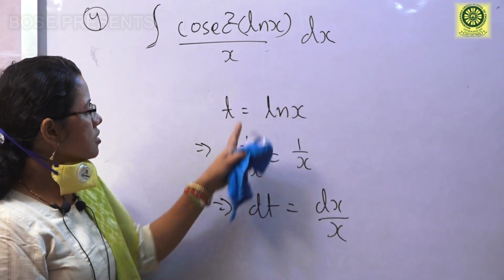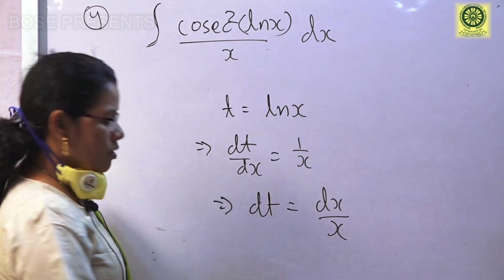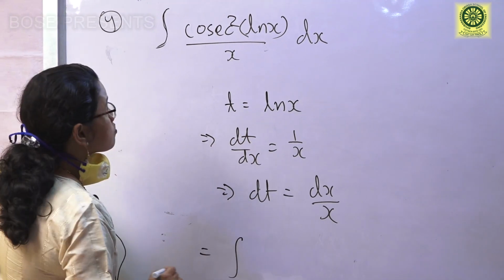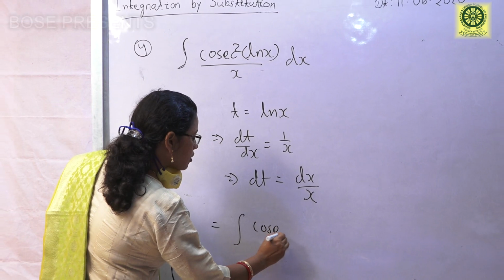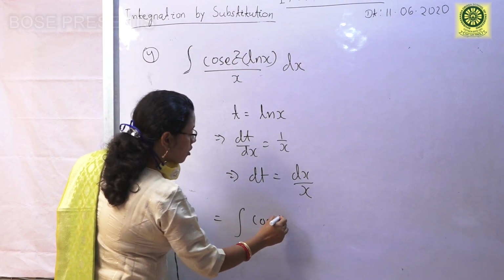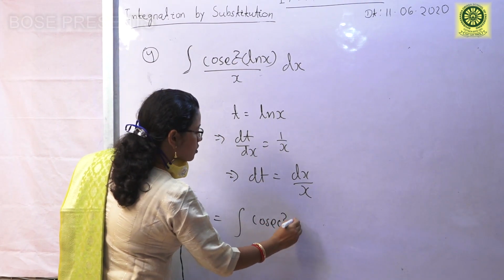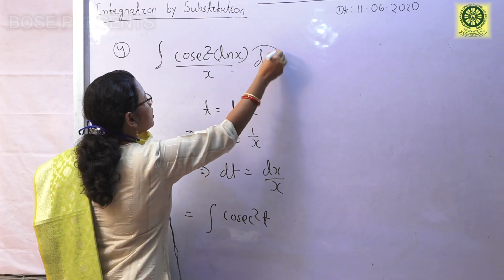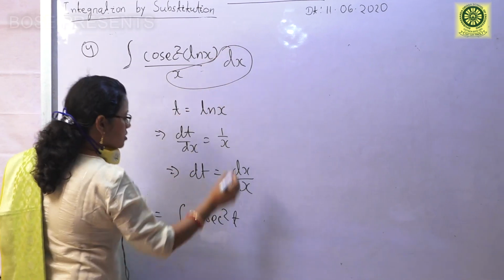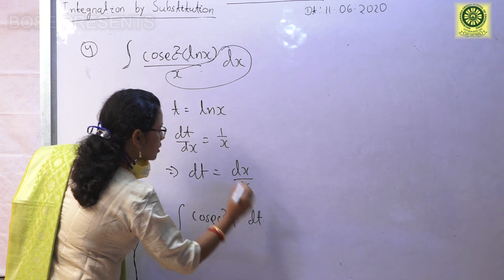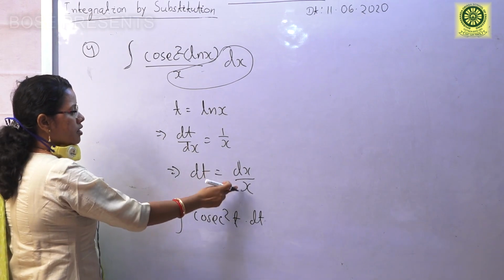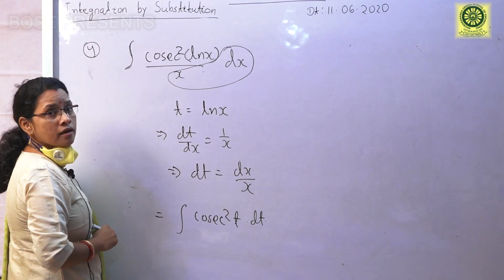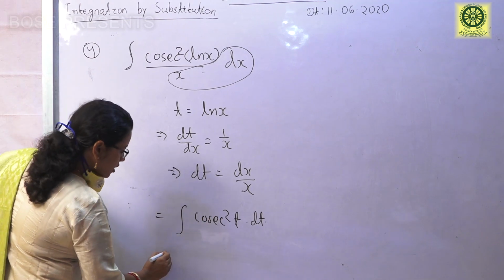Okay. By using this substitution, our problem becomes so simple here. Let's see. Cosec square ln x. Ln x is your t, and for dx by x, just write here dt. This is a simple integral.